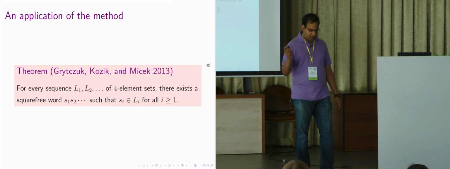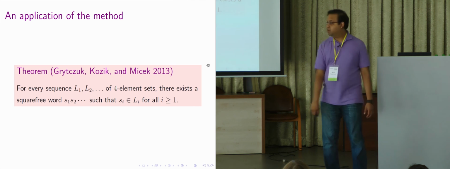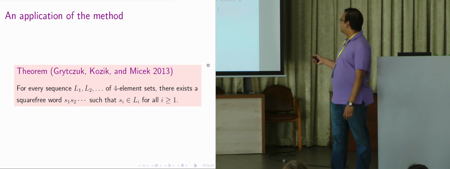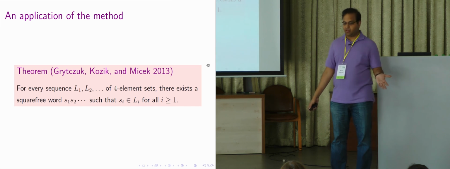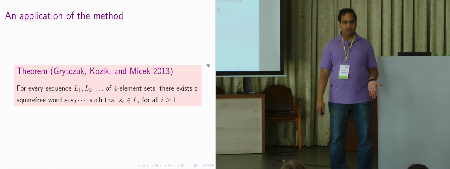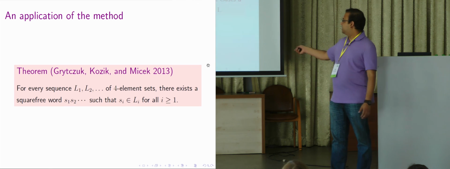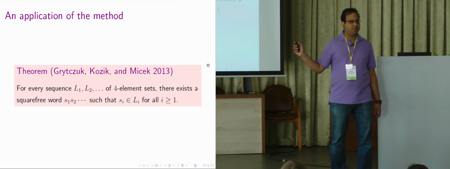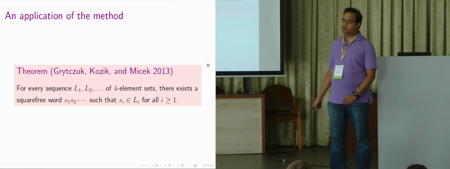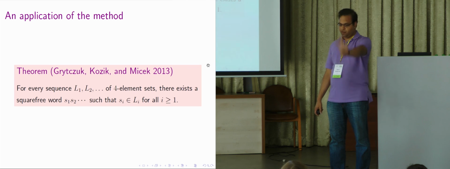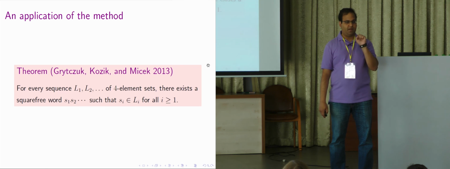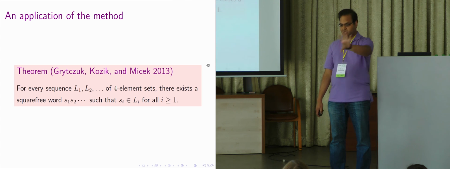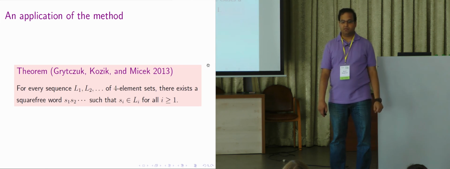So here's an example of a result that can be proved using this method. If you are familiar with list colorings in graph theory, this is basically a list coloring result for words, right? So the idea is you want to construct a sequence, and at each position you have a list of alphabet symbols that you're permitted to use at that position, and you specify this list at every position.